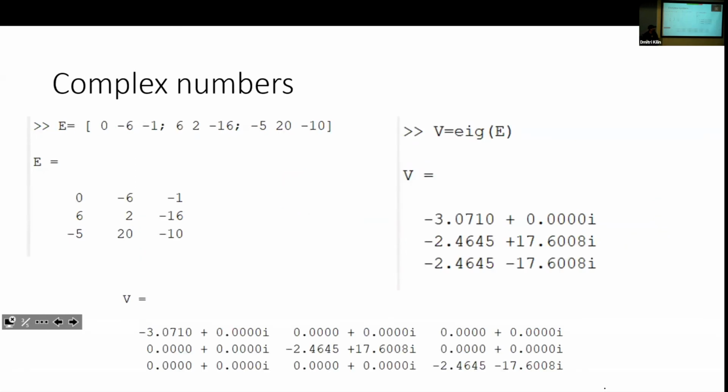On this slide, we can also see that MATLAB can handle complex numbers. So if you have negative values in your matrix and you want the eigenvalues, it'll give you a real number along with a complex number. And again, in V, we can just see that I put it in a diagonal matrix.